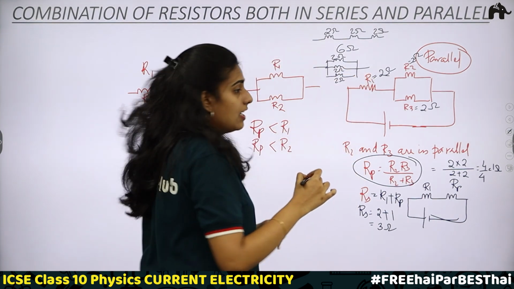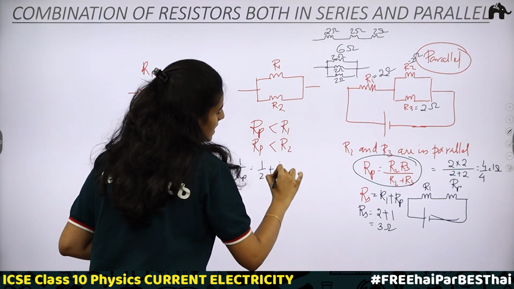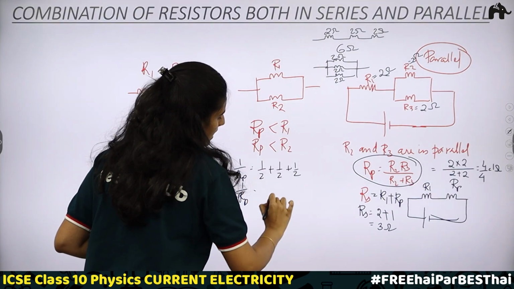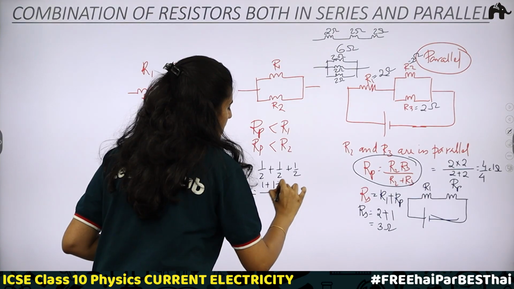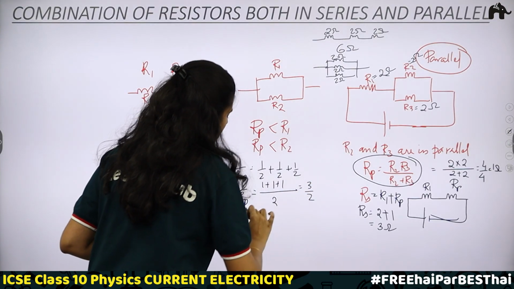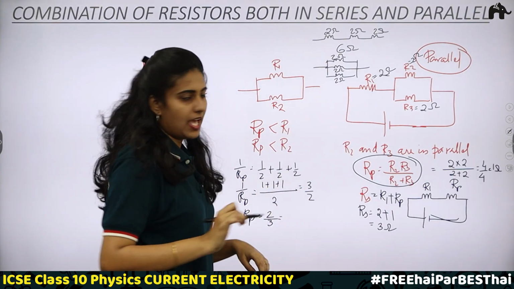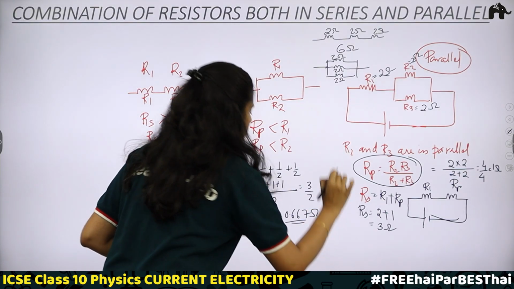How to find? We'll have 1 by Rp is equal to 1 by 2 plus 1 by 2 plus 1 by 2. 1 by Rp is equal to, LCM 2, denominator 2, numerator 1 plus 1 plus 1, which is 3 by 2. Then Rp will be equal to 2 divided by 3. You will have 0.667. This will be the value.